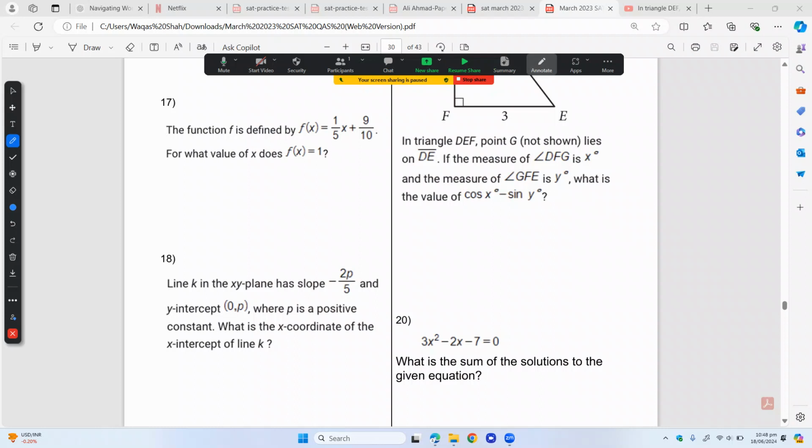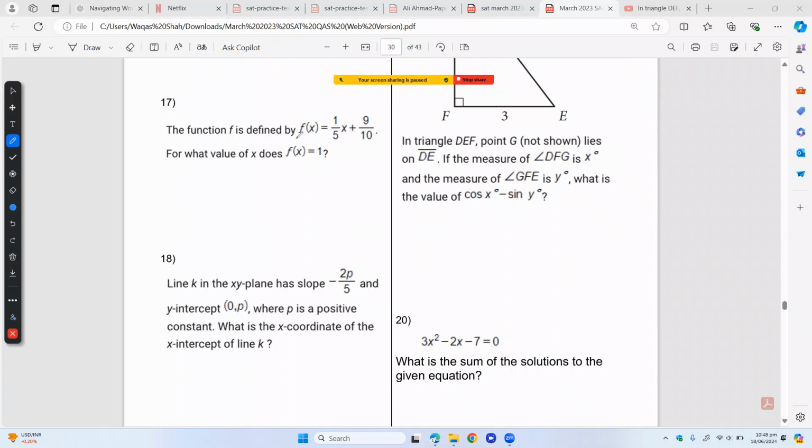Okay, the function f is defined by f of x is equal to 1 over 5x plus 9 by 10. For what value of x is f of x equal to 1? Since we have to find the value of x for which f of x must be equal to 1, replace f of x with 1 and then find the value of x.